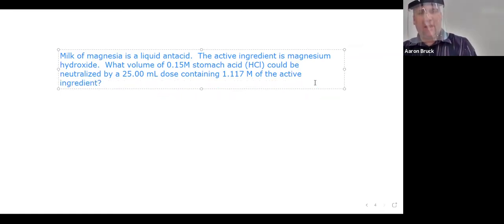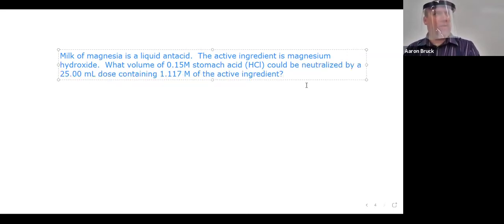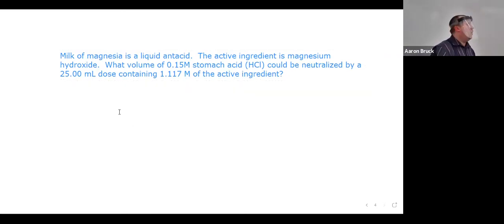All right, if this question looks familiar to you, it's because I just took it right off of the chapter 8 quiz. Change the numbers. So with a titration, again, the difference between a dilution and a titration is the fact that we've got a chemical reaction taking place. So even though the equations are similar, we have to keep that in mind.